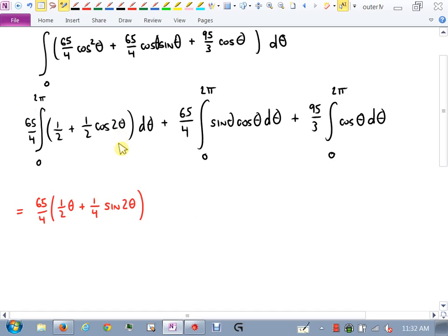Now, all of these are the same limits of integration, so I'm just going to write all the antiderivatives out, and then at the very end, I put 0 to 2 pi. Plus the next one, 65 over 4. What is the antiderivative of sine theta cosine theta d theta?